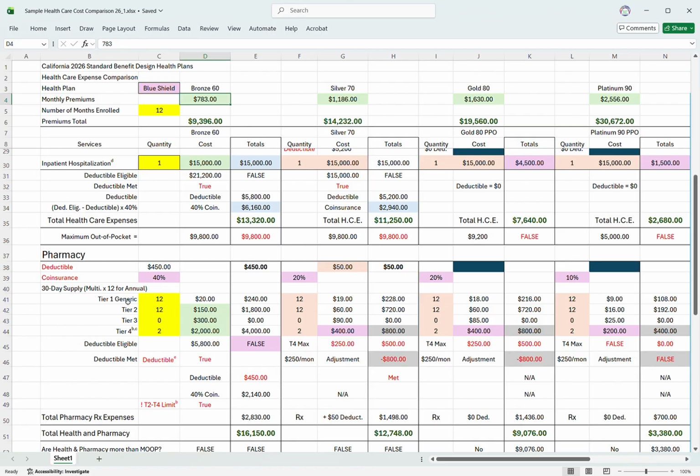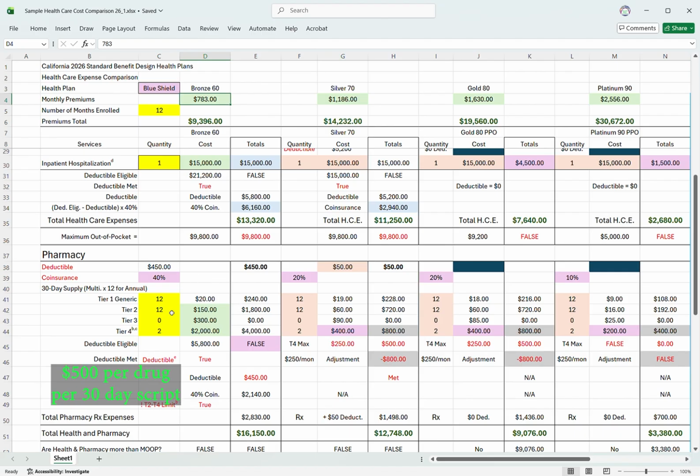The bronze plans also have a maximum cost for drugs tier 2 through tier 4. It is very difficult to figure all of that in, but essentially you will pay no more than $500 per month. So the drug costs for the bronze plan could be a little bit high if you have some very expensive drugs.